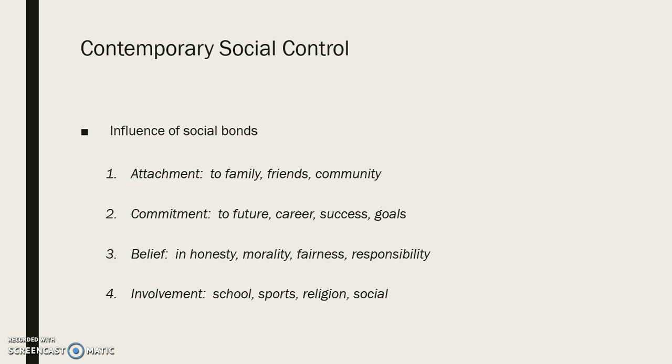They talk about four types of social bonds: attachment to family, friends, community; commitment to future career success and goals; belief in honesty, morality, fairness, and responsibility; and involvement in school, sports, religion, and social areas.